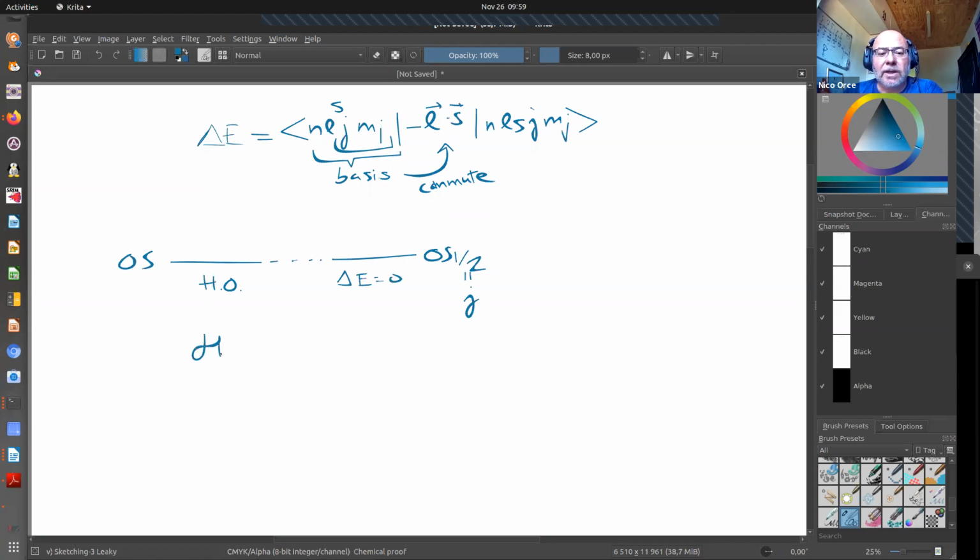This was the harmonic oscillator potential, and this was the perturbation, which we call H prime. Let's call this the total so that we don't confuse. And this is the perturbation, which is equal to minus L·S, right?